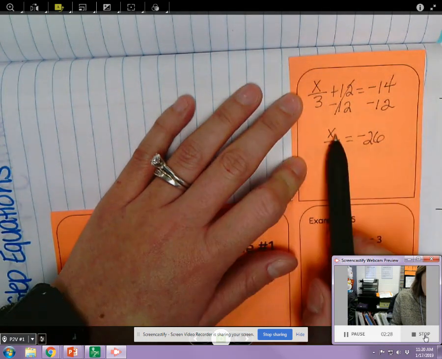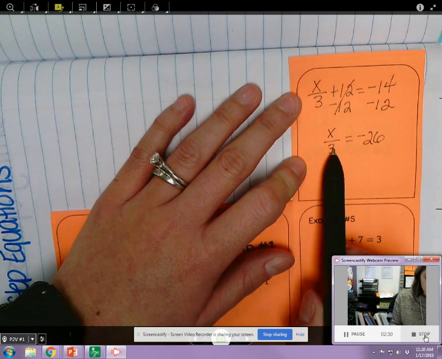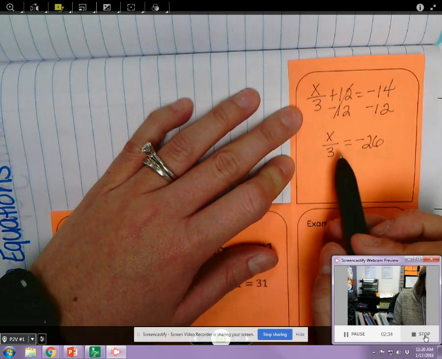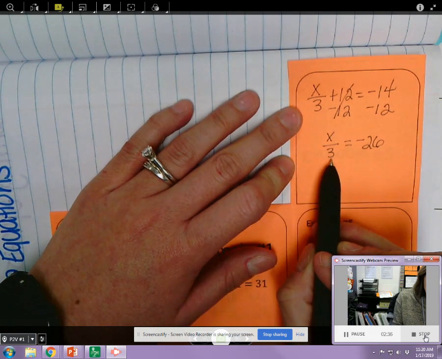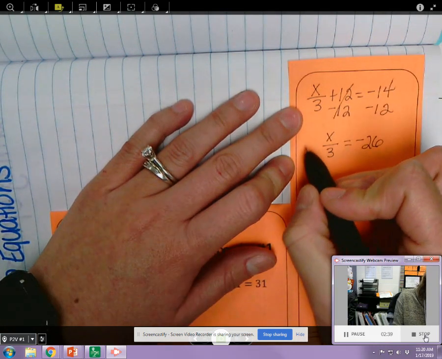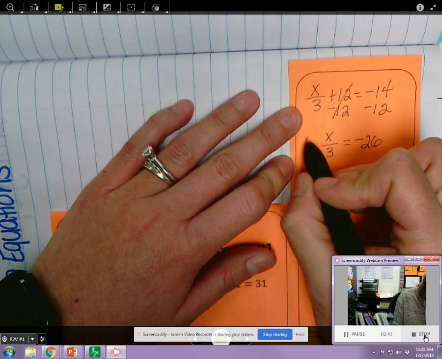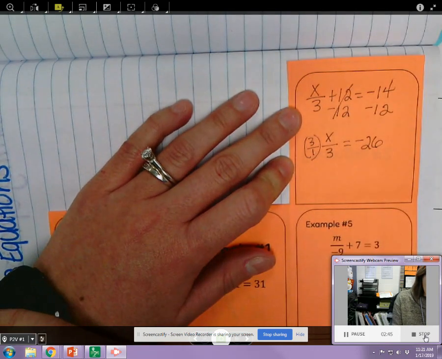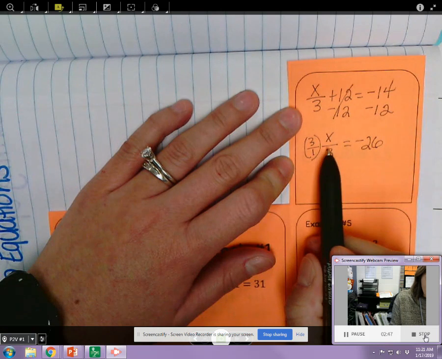Now we have division, so the inverse of division would be multiplication. So we multiply by the reciprocal of 1 over 3, which is 3 over 1.